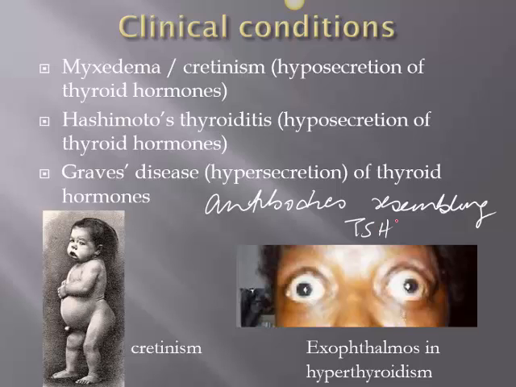Since these antibodies resemble thyroid stimulating hormone, but they are not thyroid stimulating hormone, they don't come under that feedback loop. So as a result, they keep stimulating the thyroid gland, and the gland keeps producing more T3 and T4. So there are increased levels. What are some of the things you think such a person will present with?